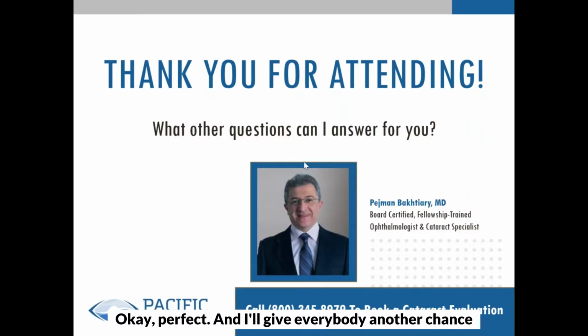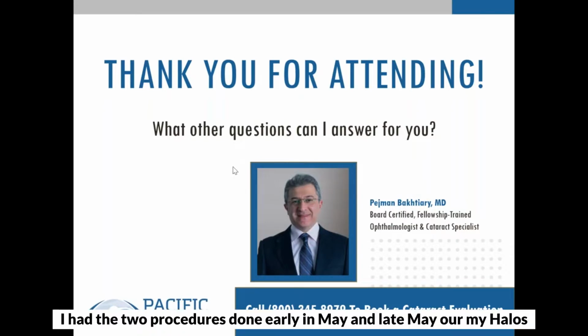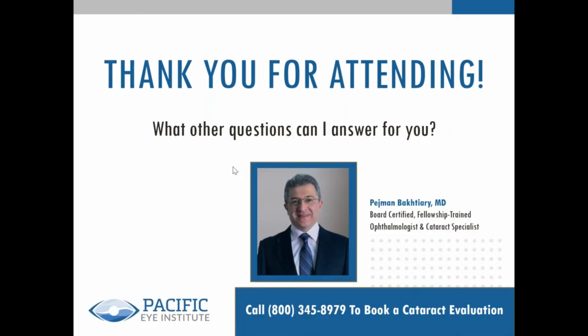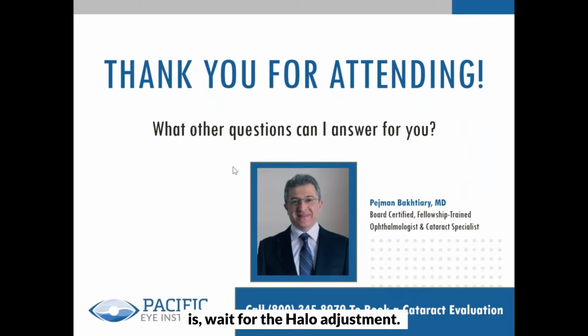I had the 2 procedures done in early May and late May. My halos are quite large. Will it get any better? If you have a multifocal lens, most of the time the recommendation is to wait for the halo adjustment.